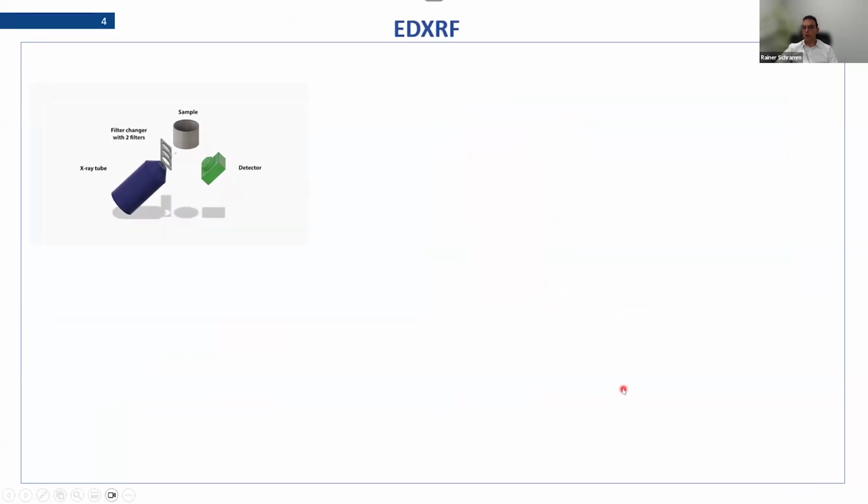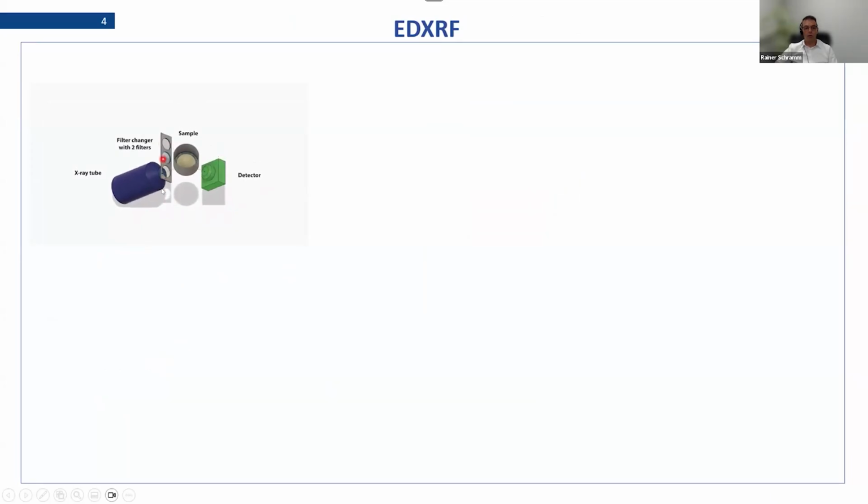So we have first to look on energy dispersive XRF and all the components we use in the hardware. And like you see here, this is a simple arrangement of direct excitation. That means the tube excites the sample from underneath, and the detector is watching the X-rays coming from the sample.